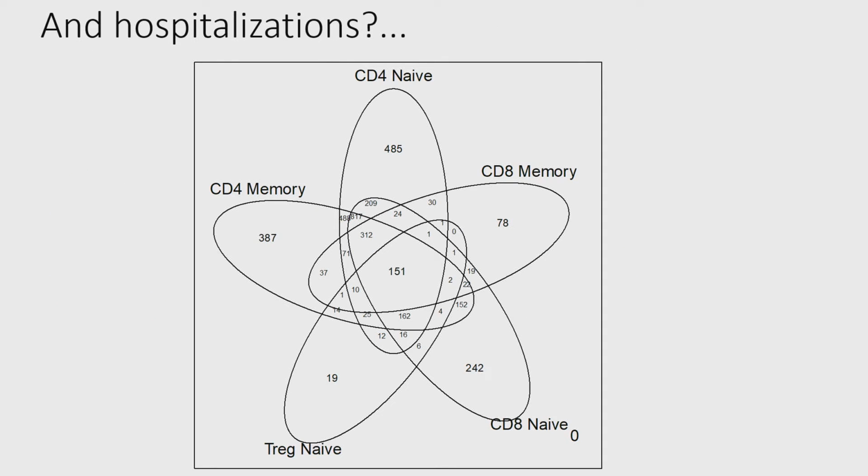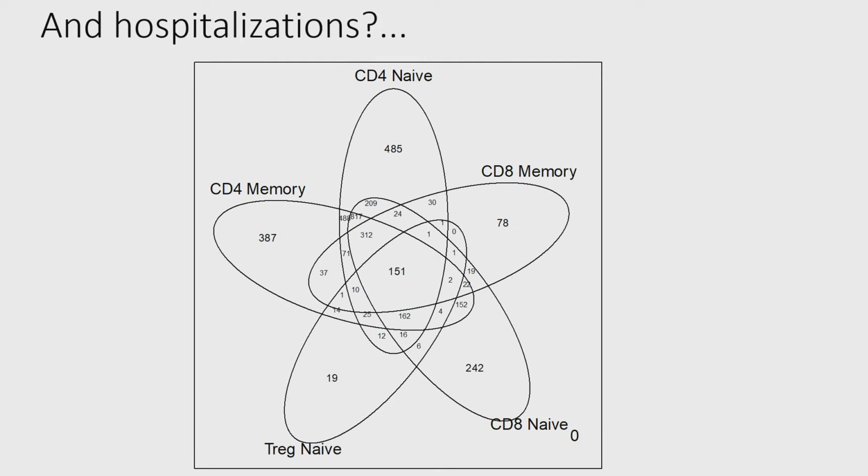And so what about hospitalizations? When Brian did the Poisson analysis for hospitalizations and expression of genes, he identified that out of those 9 groups, 5 of those groups were significantly associated with hospitalizations. These are the 5 groups.